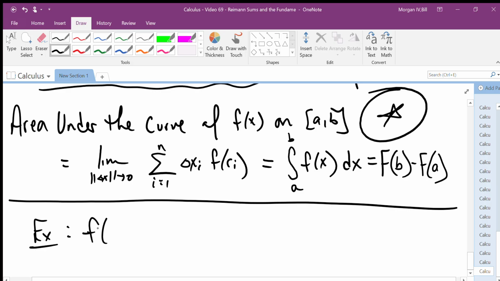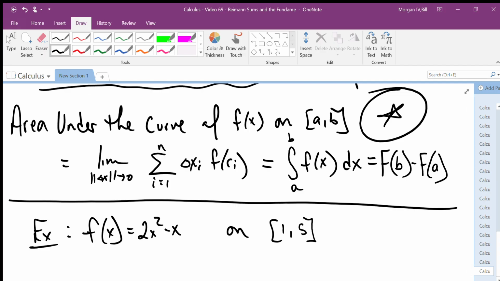We had f of x is equal to 2x squared minus x on the interval from 1 to 5. No longer do I need to tell you how many rectangles. We're letting the number of rectangles go to infinity in order to find the exact area under the curve. But we're not going to use this Riemann sum as the partition goes to 0. We're going to use this second part.